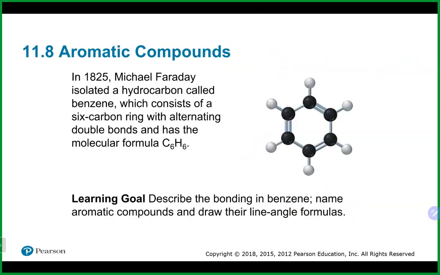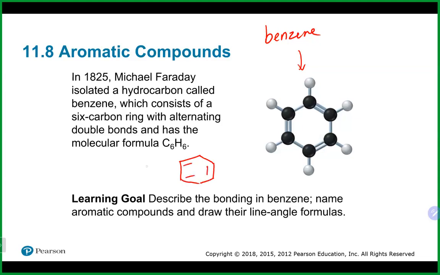All right, so to finish up this chapter, we're going to talk about aromatic compounds. Aromatic compounds are based off of what is referred to as the benzene ring. And it needs to have a benzene ring. And a benzene ring is this guy down here. It is a 6-carbon ring that has 3 double bonds in it.